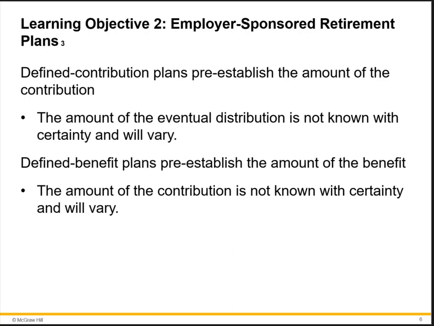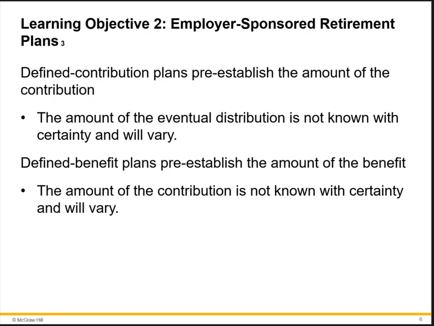So, two types of plans. The first one, defined benefit, has become very rare and very complex. With defined benefit, the employer promises to pay out a certain percentage of your salary when you retire.